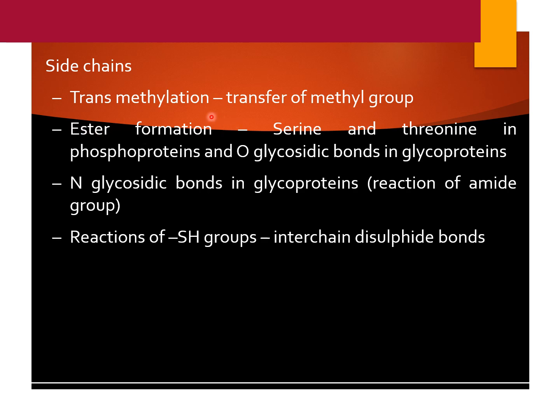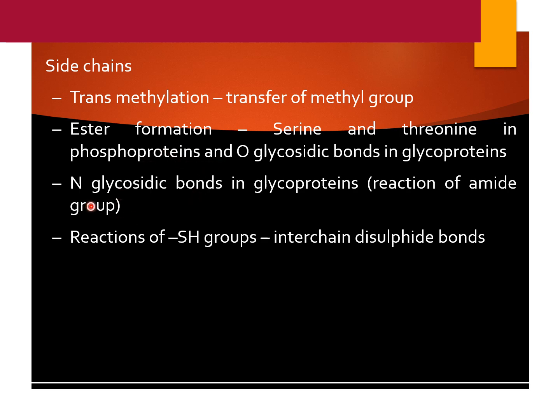Then ester formation reactions of the side chain: serine and threonine in phosphoproteins and O-glycosidic bonds in glycoproteins, because they contain a hydroxyl group in their side chains. The H is replaced via O-glycosidic linkage when bound with sugars in glycoproteins, or phospho groups in phosphoproteins.